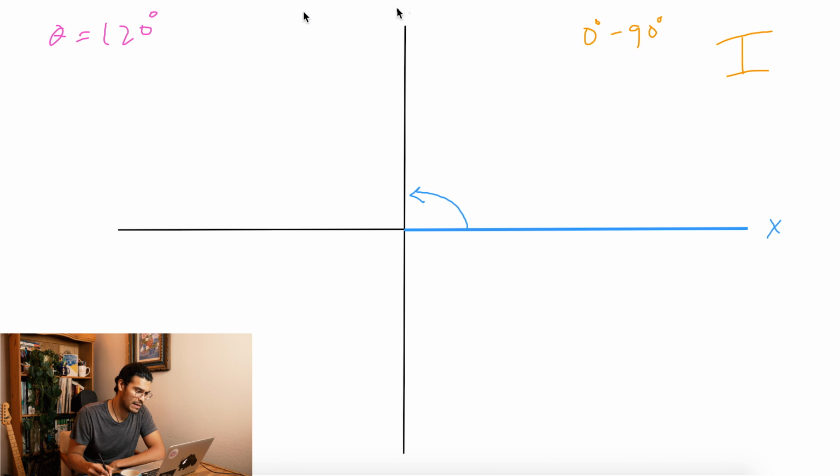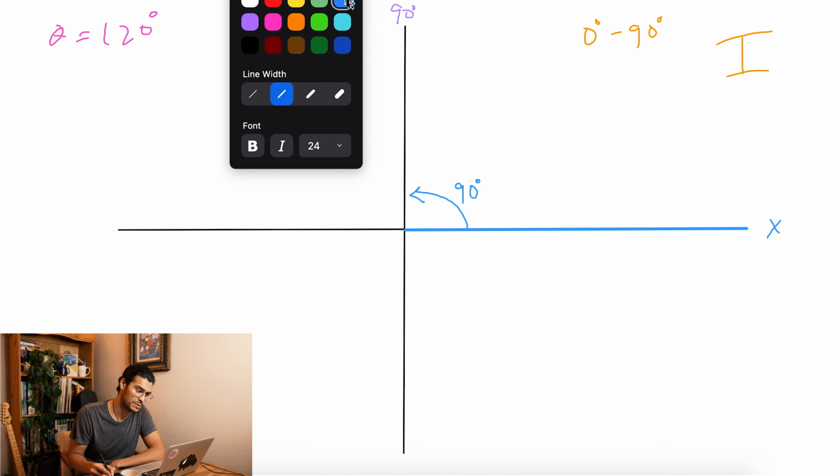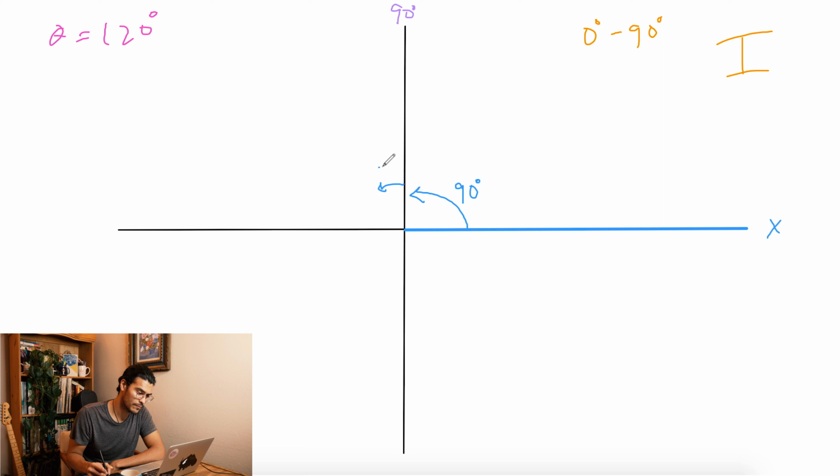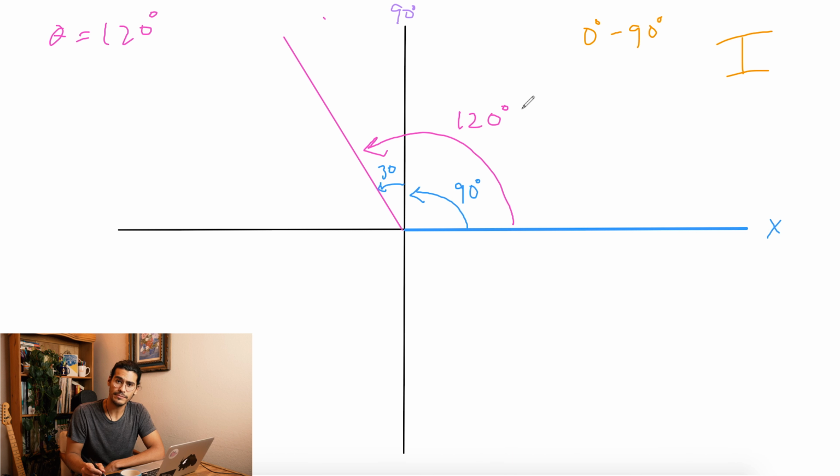Okay? When we make it to the y-axis, we've already swept 90 degrees, and we have to keep going 30 degrees more. When we sweep 30 degrees more, 90 plus 30 gives us 120. Okay, so this entire angle is 120 degrees. Very nice.